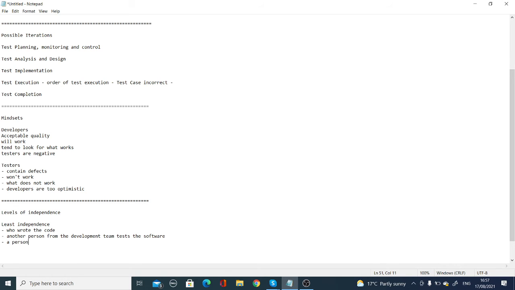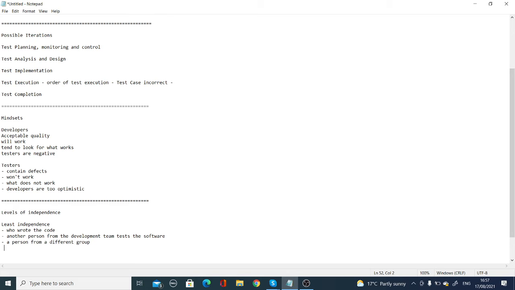If a person from a different group tests the software, then it will have more independence than the above two. So that is an independent test team in an organization, or the test specialist. Here come the contractors. For example, if you are an expert in security testing, you are a test specialist and you will test only security.